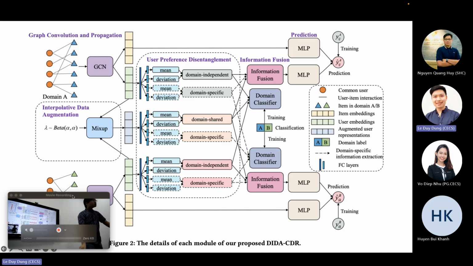So what is the loss function of the two classifiers? For the domain classifiers, they compute cross entropy loss because it just predicts A or B. Yes, that's right.